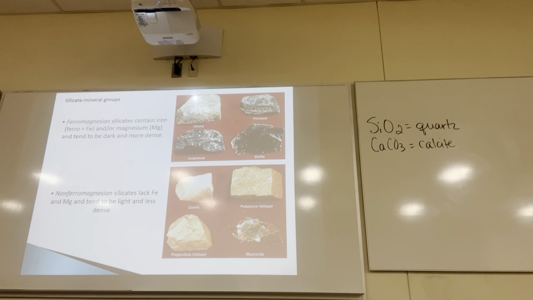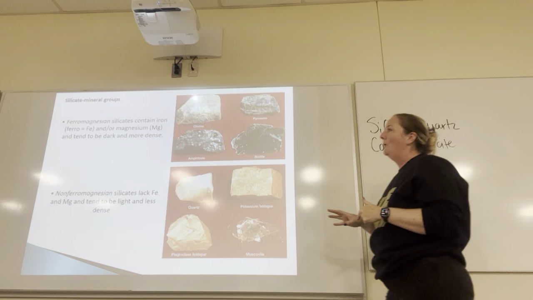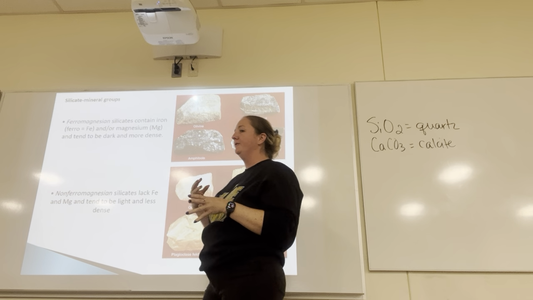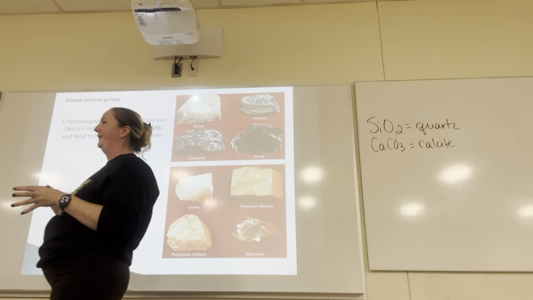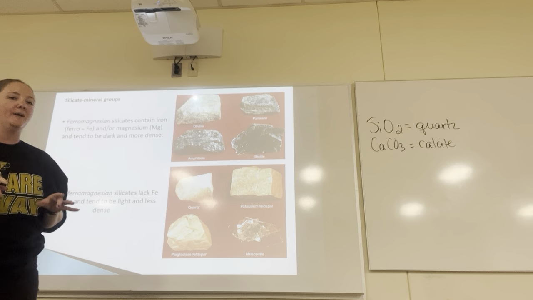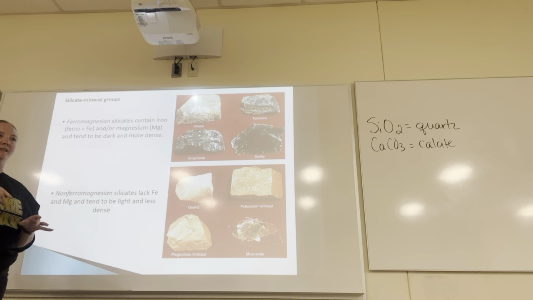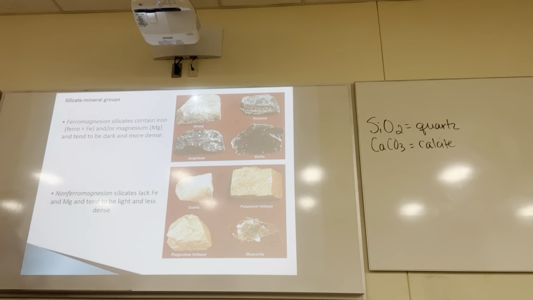Okay. I don't think I've told you this yet in this course, but I will repeat it a lot. In geology, we tend to have a lot of different terms for the same thing. And you're going to learn this especially in our lecture next week on igneous rock. There tends to be a lot of different ways to say the same thing.